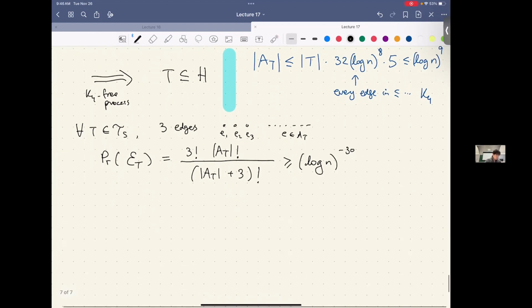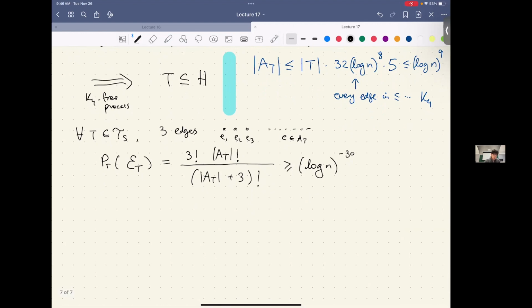Now let's define X to be the number of triangles T in TS such that this ET holds.